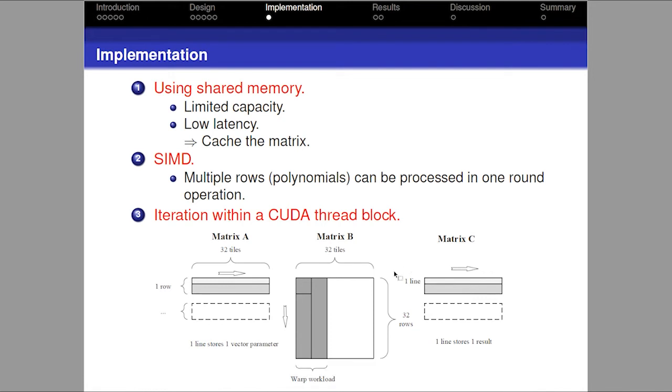During the implementation, we have utilized the shared memory. Compared with the global memory space, shared memory is on chip and has lower latency, but the capacity is limited. So we use it to cache the matrix or part of the matrix. At the same time, our prototype executes in single instruction multiple data mode, which means multiple polynomials can be computed in a round of operation.